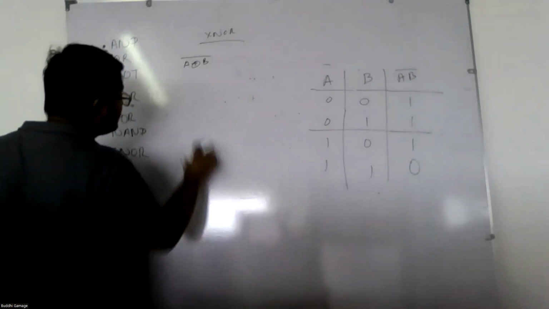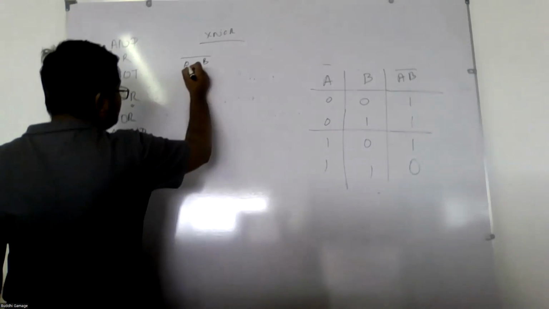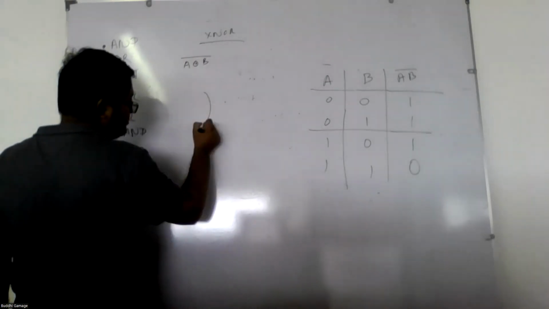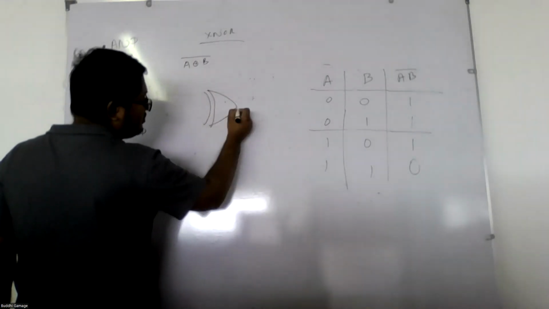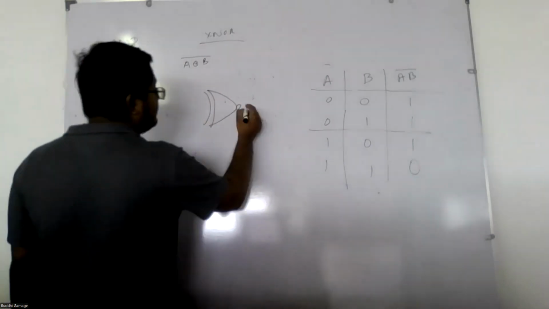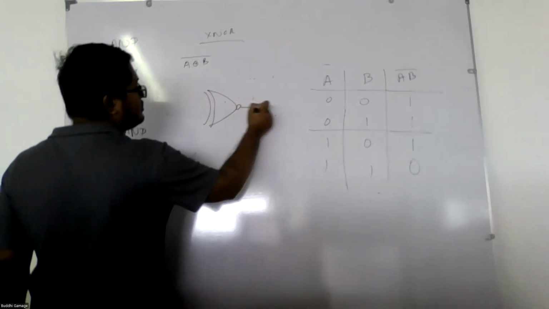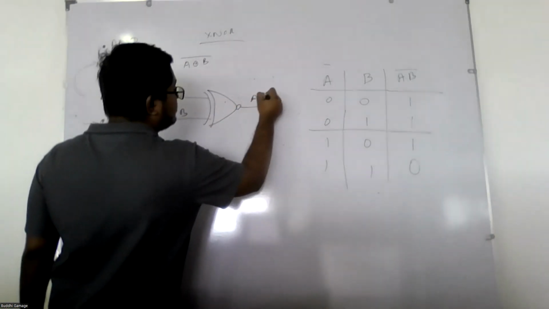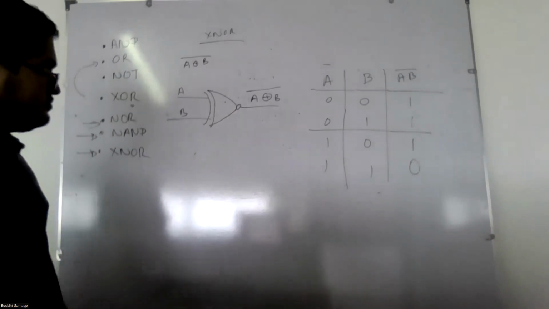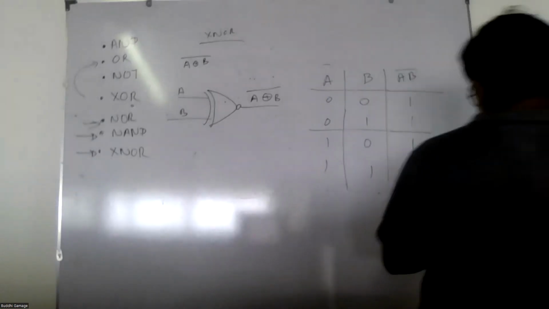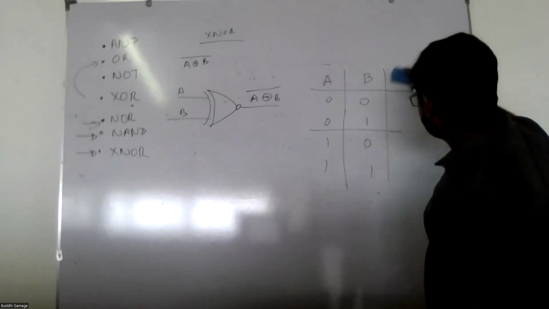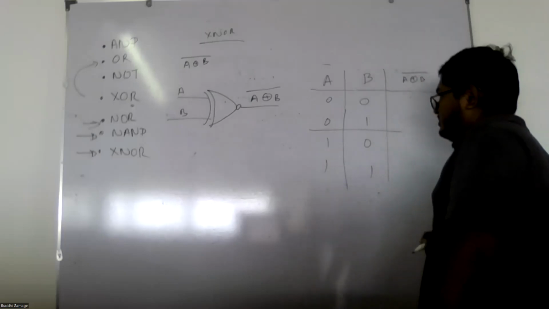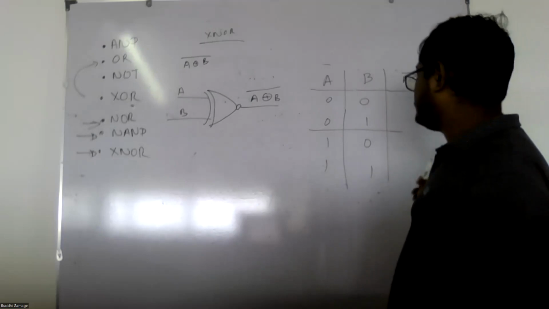So this is the same, A XOR B, and as previously, we put a circle in front of the gate, with inputs A and B. You may be aware that previously with the XOR gate, the output is true when the inputs are different.